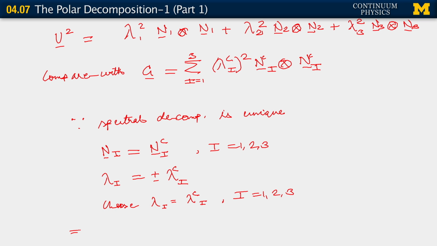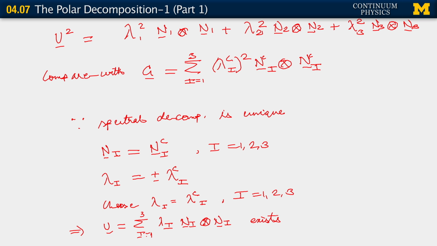We've essentially proved that U exists, which implies that U equals the sum over i of lambda i ni tensor ni exists.